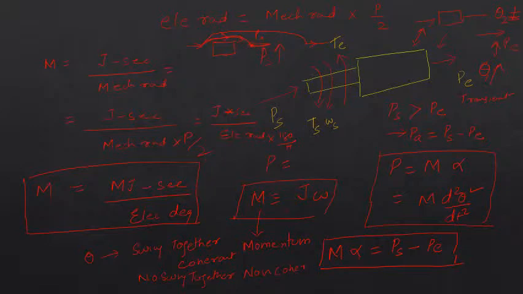All the electrical effect comes to one machine, and if all the effect comes to one machine, there is a chance that it may go to instability. Here I have expressed this in theta. This same theta changes to delta in our power stability curve. I'll tell you in the next slide how it changes to delta.